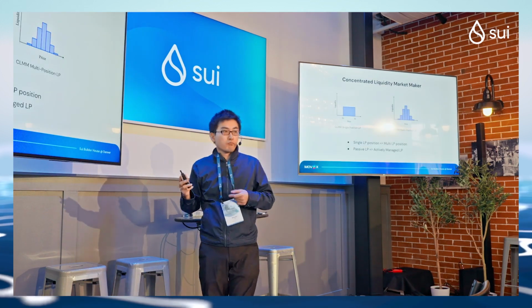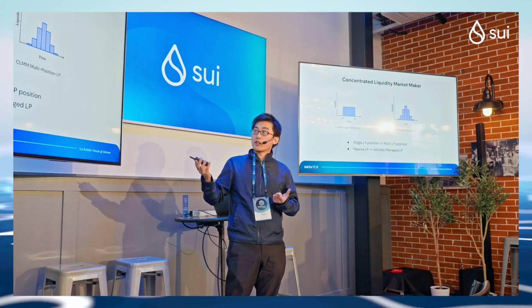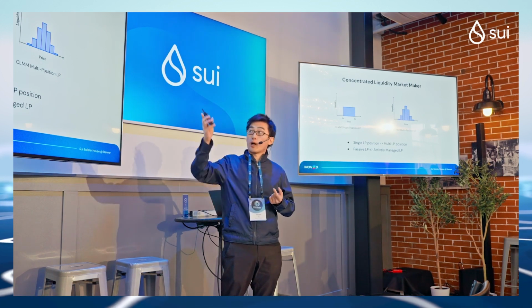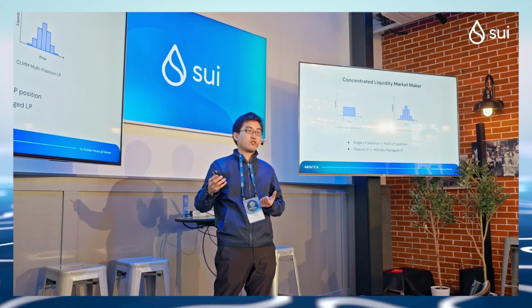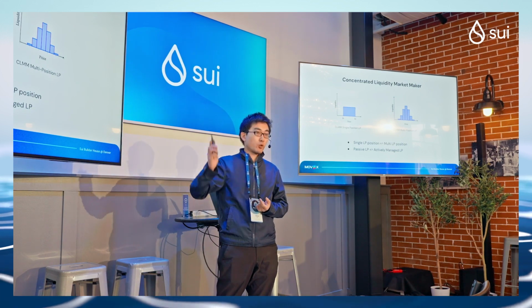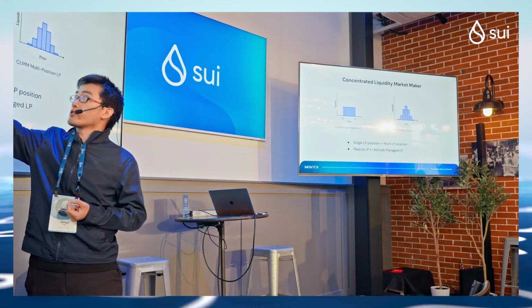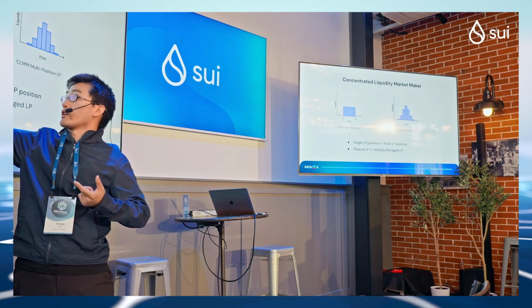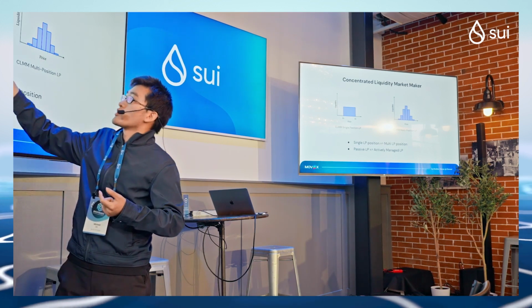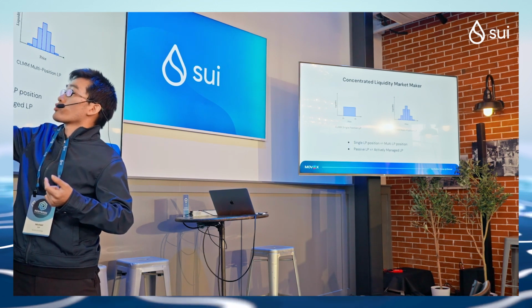Okay, so now we have concentrated liquidity. You might be wondering, is there anything we can do on top of a concentrated liquidity market maker to improve the capital efficiency even further? Turns out we can. Let's see how. Remember, in the previous graph, we had a single LP position on the concentrated liquidity market maker, which is equivalent to uniformly distributed liquidity between two prices.